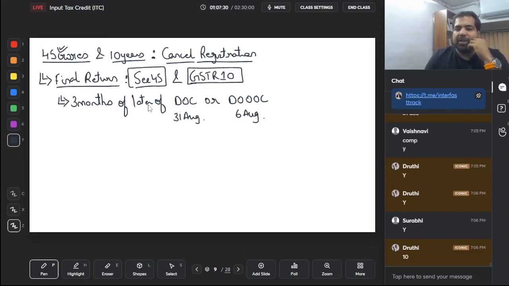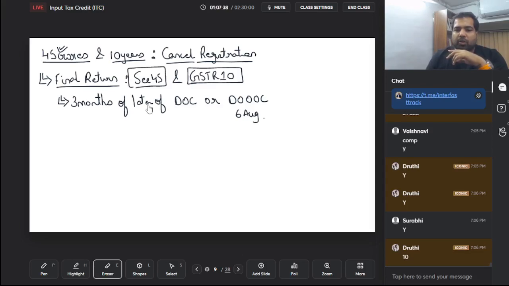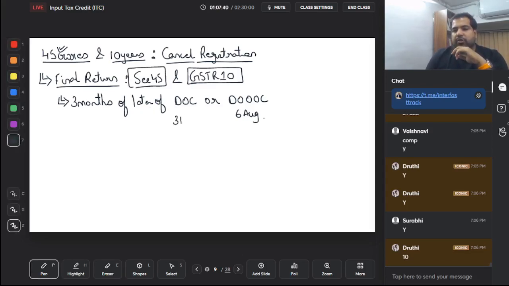So 3 months will start from when? From 31st August. But if they say today that your registration is already cancelled since 31st July, then 3 months will start from when? From 6th of August, whichever is later is the concept.